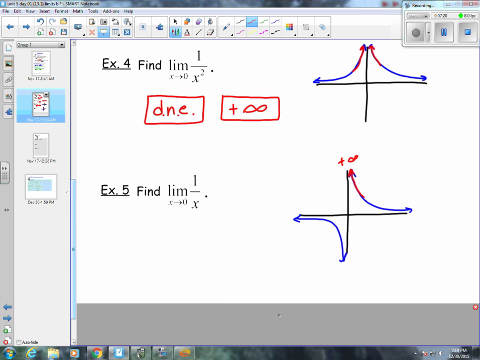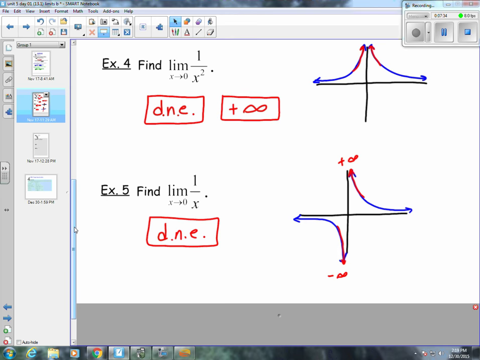But as we approach 0 from the left, we're approaching negative infinity. So the best we can do here is just say that the overall limit does not exist. We can't be any more specific than that in terms of the limit as x approaches 0 of 1/x.